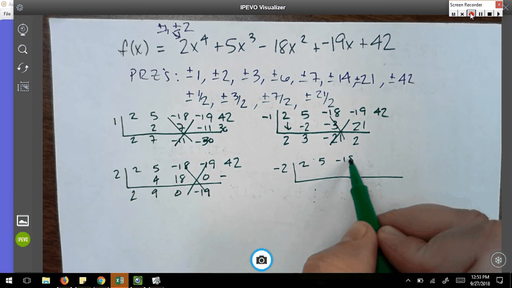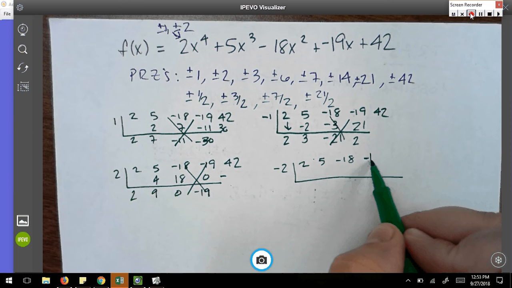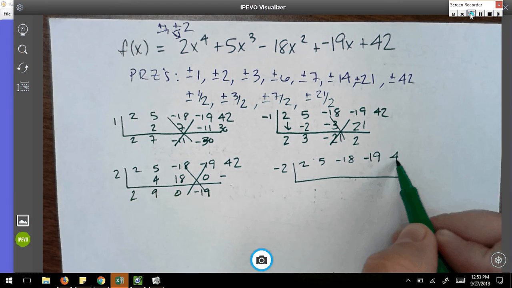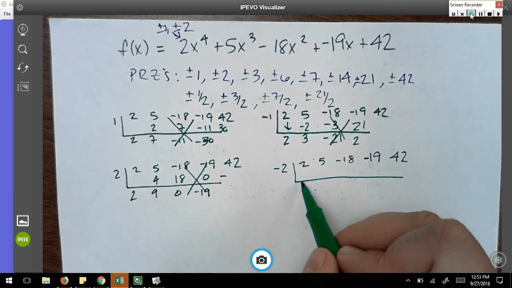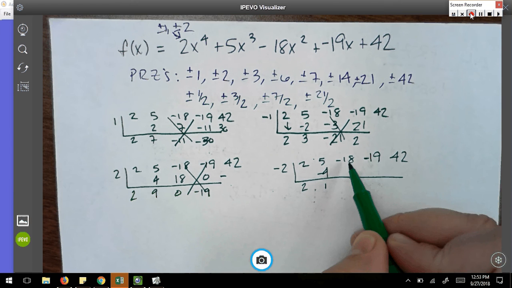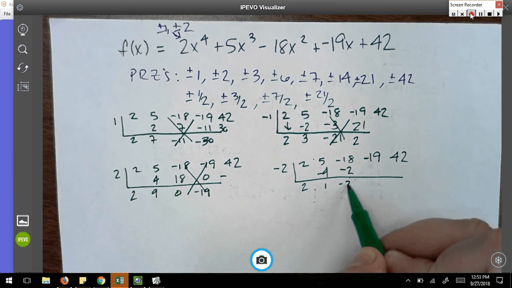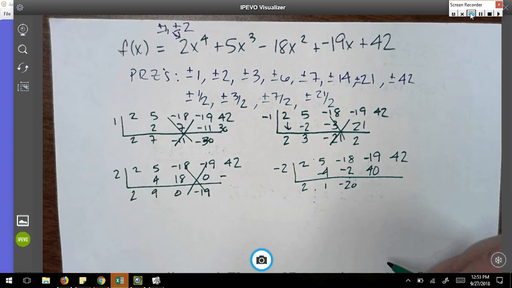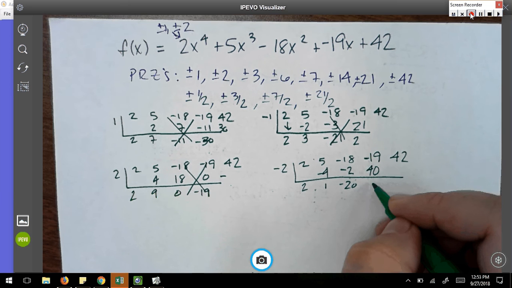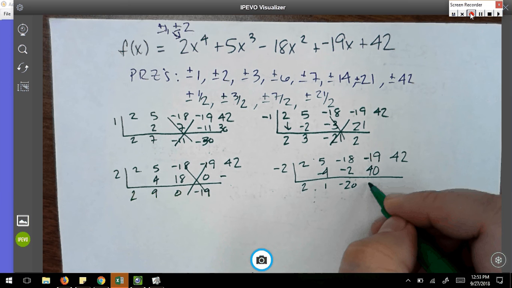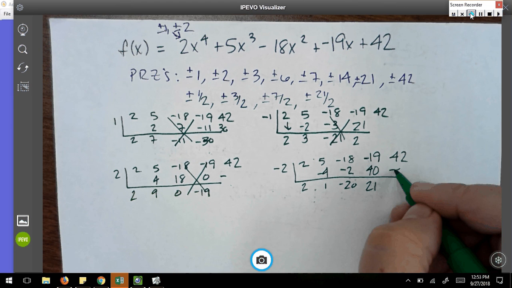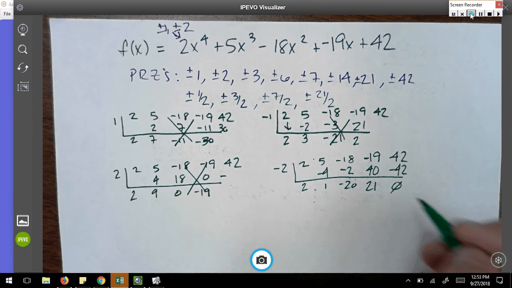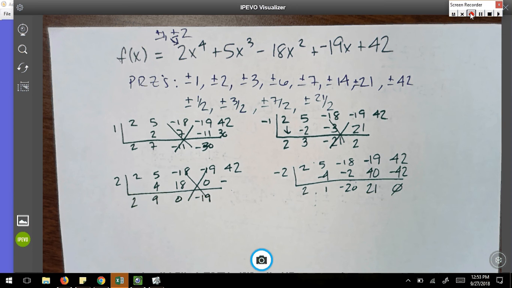I knew what this one was going to be like, but I wanted you to see what happens when it's not 3. It's not positive 3. Oh wait, yeah, found it.